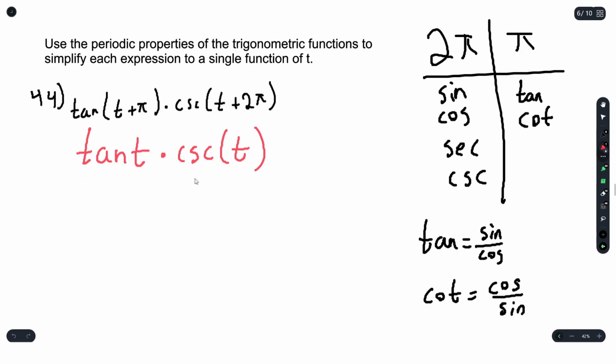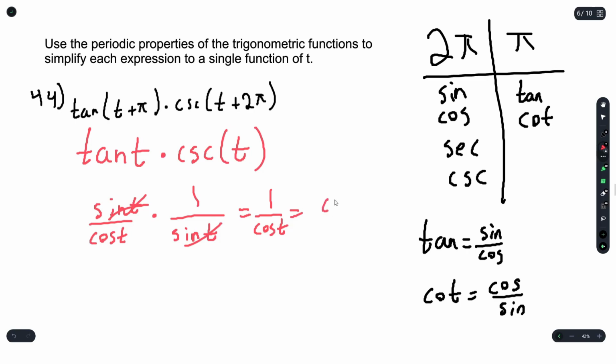So we separate these into sine and cosine. So tan is sine over cosine times cosecant is 1 over sine. Sine and sine go away. It's 1 over cosine, which is secant.